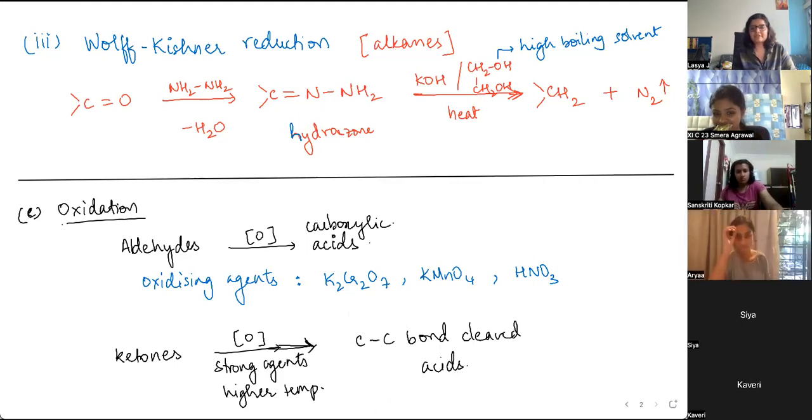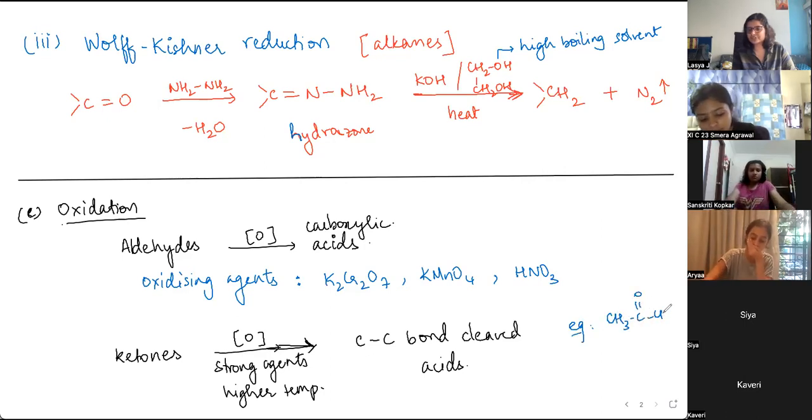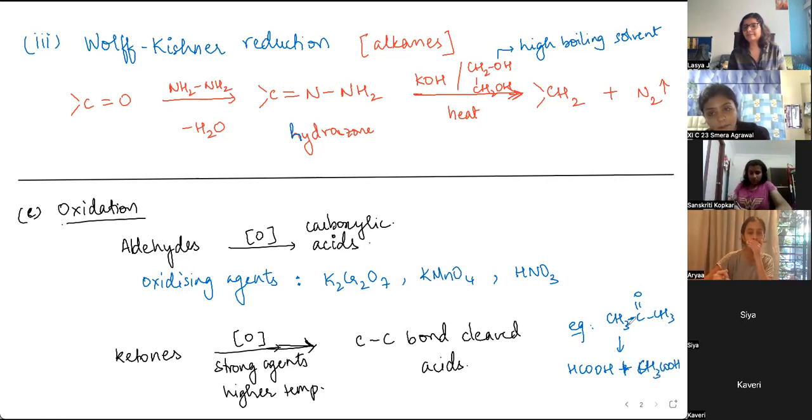For example, if we start with acetone, CH3, C double bond O, CH3, the carbon chain is going to break, and we end up getting a mixture of formic acid, HCOOH, and acetic acid. So it can break over here, it can break over here.